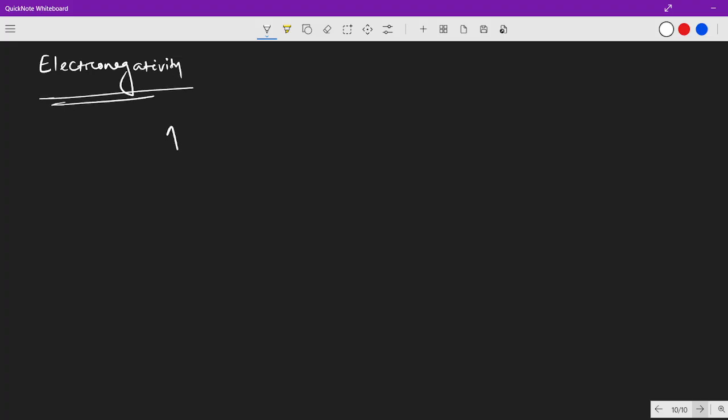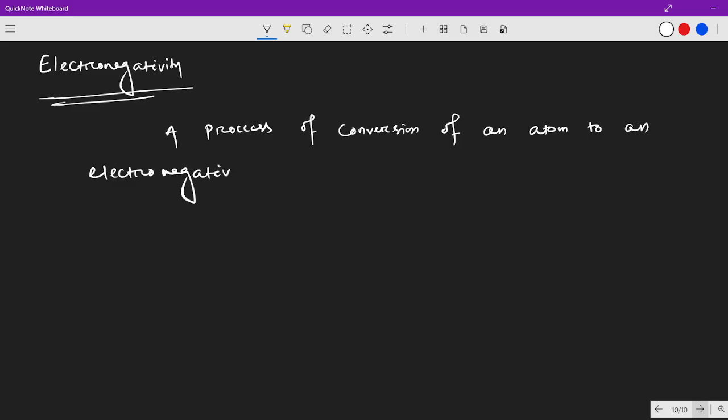Electronegativity is the process of conversion of an atom to an electronegative ion or radical by accepting the electrons.